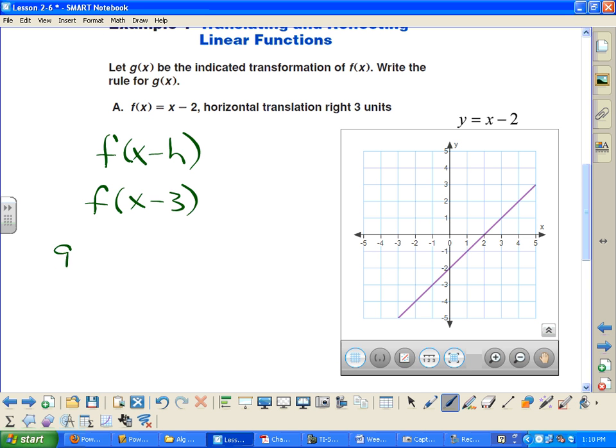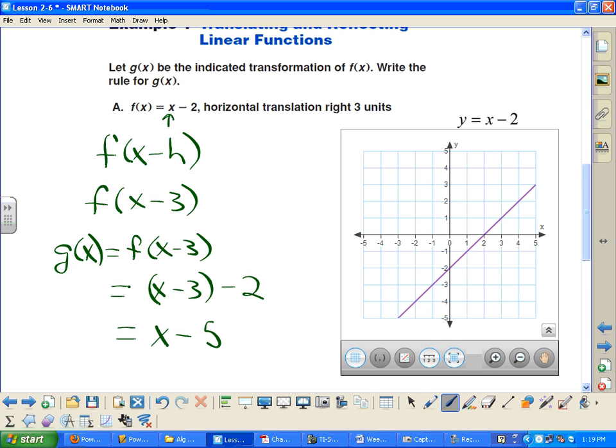So g of x equals f of x minus 3. We take our x and replace it with x minus 3, so we'll have x minus 3 minus 2. We just replaced x with x minus 3 because it's a horizontal translation. So then we get x minus 5.